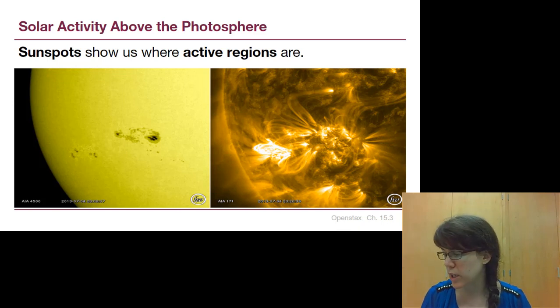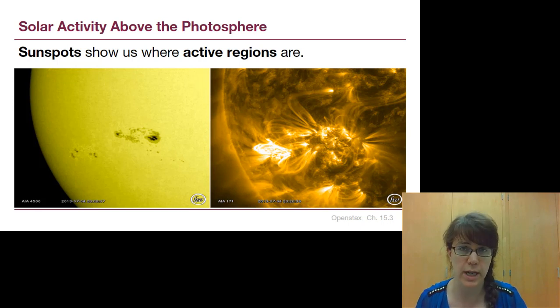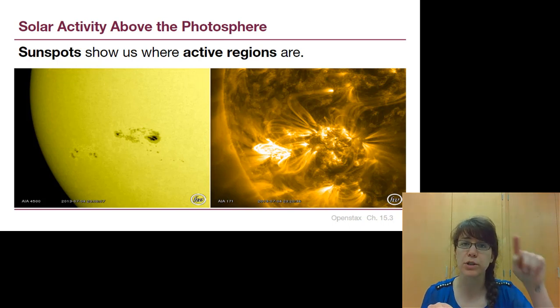And so everything kind of connects. Active regions are a key term for us. Active regions show up when we look at images that are showing us the corona, so images in the extreme ultraviolet or X-ray. And sunspots are basically the footpoints of larger loops of material.